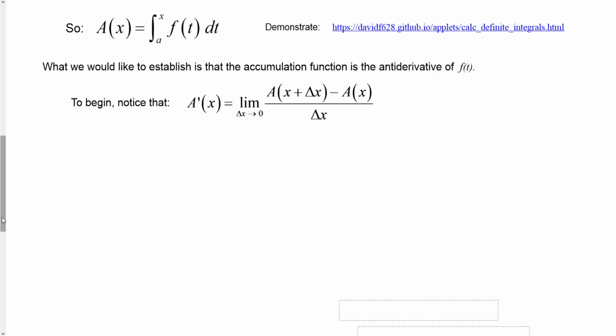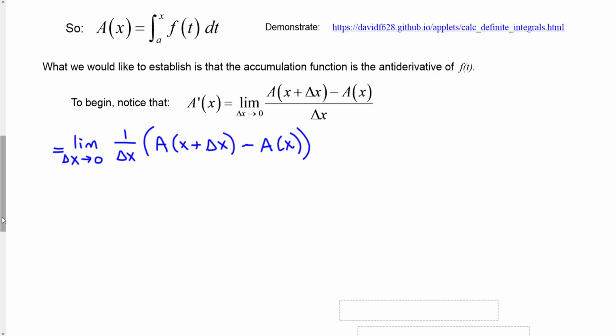Working with that algebraically, I could write this as the limit as delta x goes to 0 of 1 over delta x times the quantity A of x plus delta x minus A of x. And I haven't done much here. All I've effectively done is moved the term in the denominator and made it a multiplier. Not a big change.